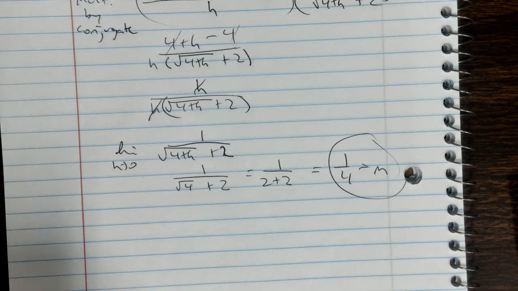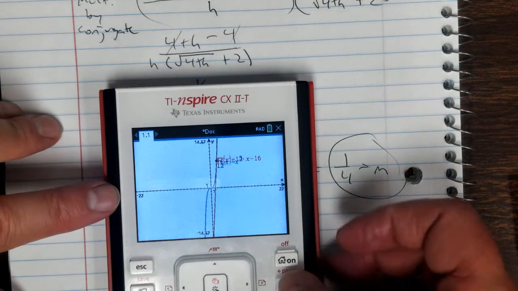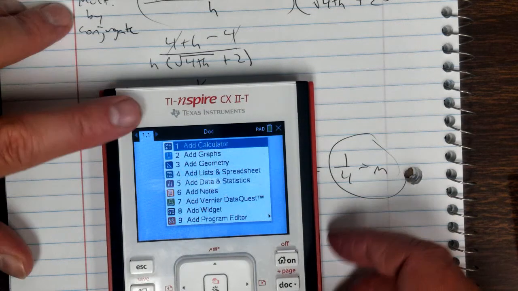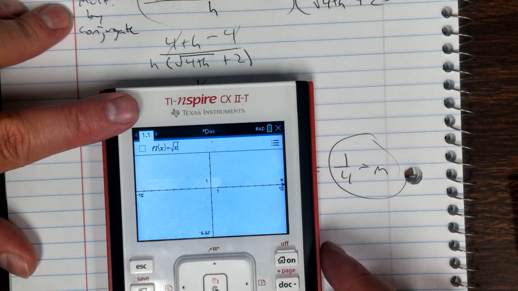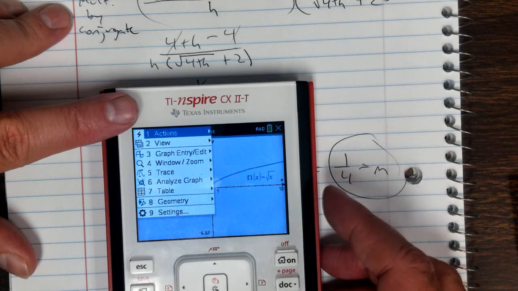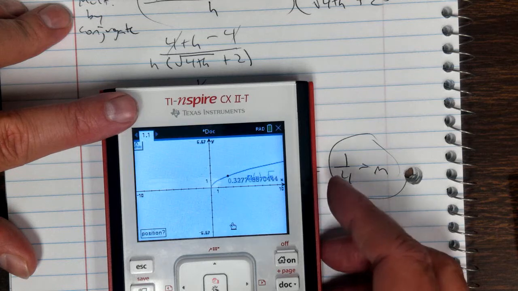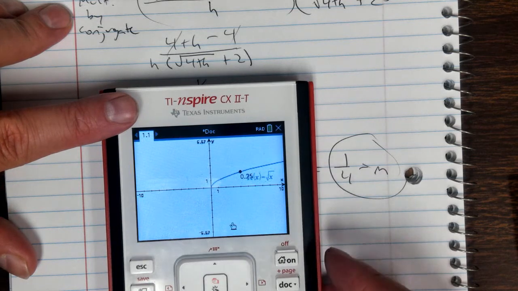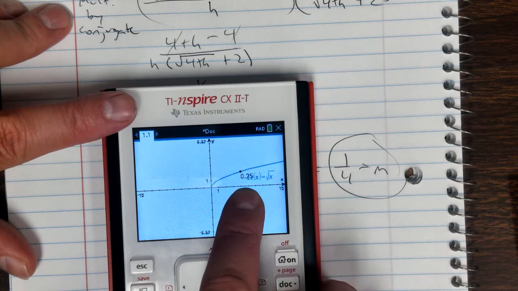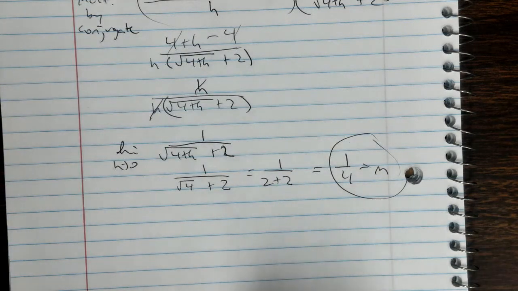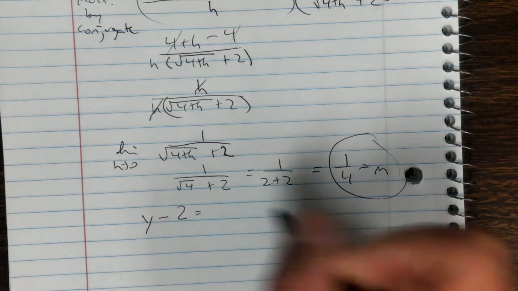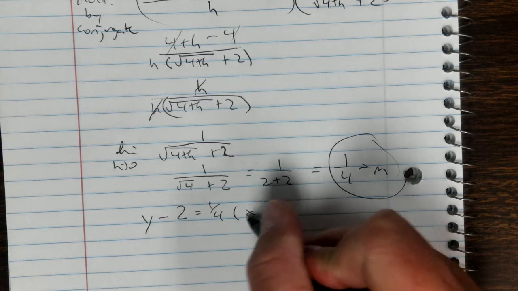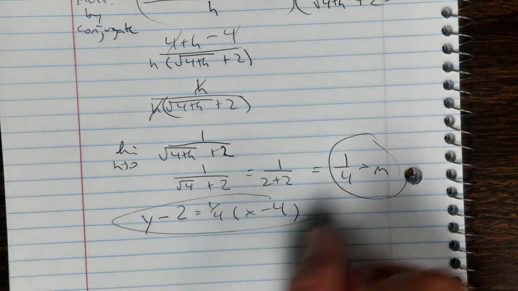Okay, so the graph for this is the square root of x. We do our analyze and dy dx, and it's position 4, and we get 0.25, and so that's 1/4. So then y minus 2 equal 1/4 times x minus 4. So that's our answer.